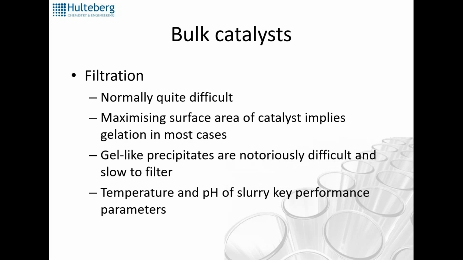This is actually quite difficult, and the reason is that when we want to create high surface area catalysts, we need to be quite close to, or actually form, a gel. And this gel is, of course, much more difficult to filter, and it takes a very long time. So when we do this filtration, the control of temperature and the control of pH are very important parameters.